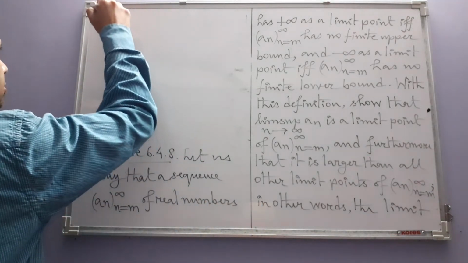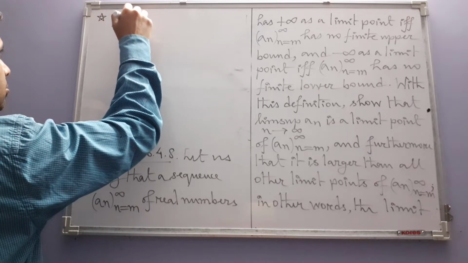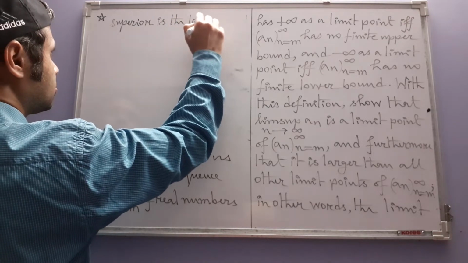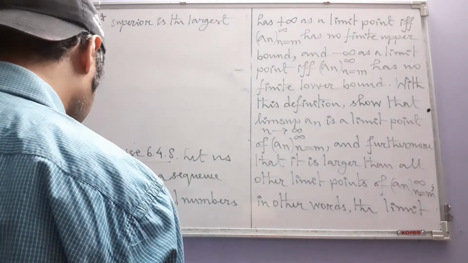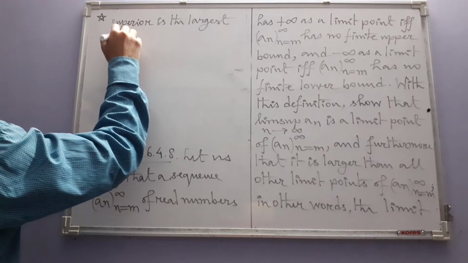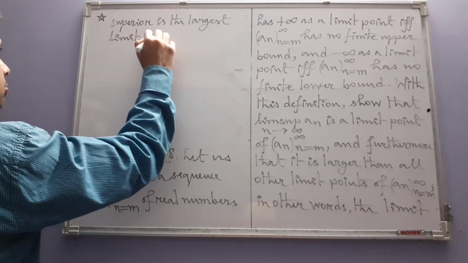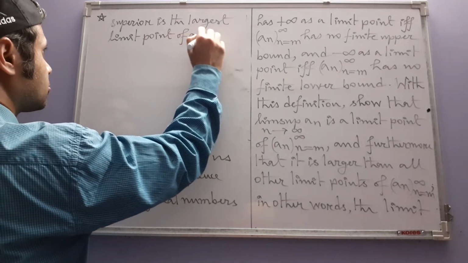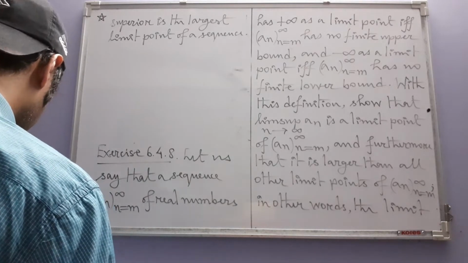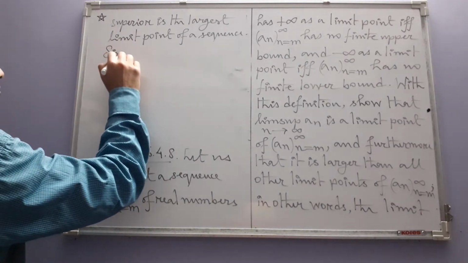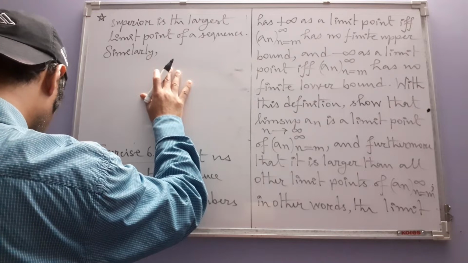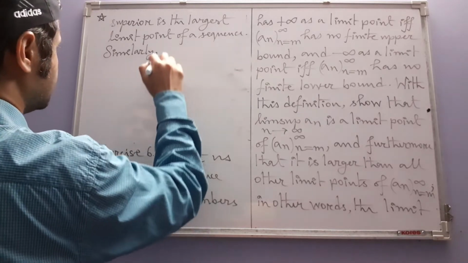In other words, the limit superior is the largest limit point of a sequence, and similarly show that the limit inferior is the smallest limit point.